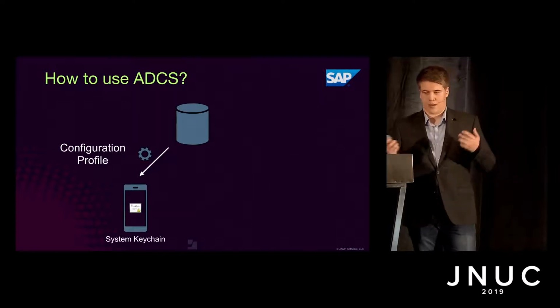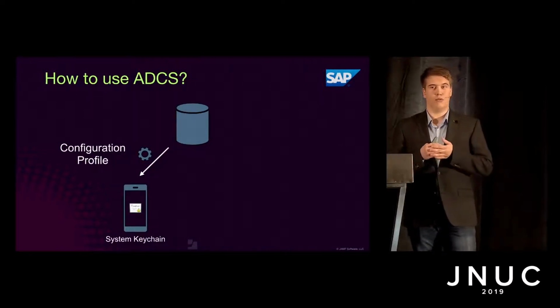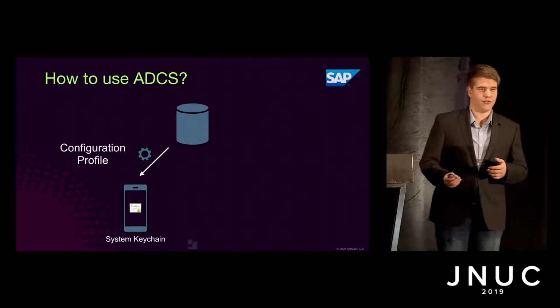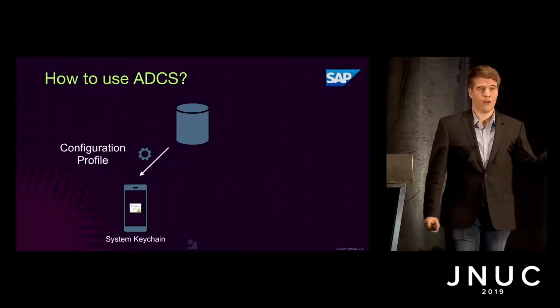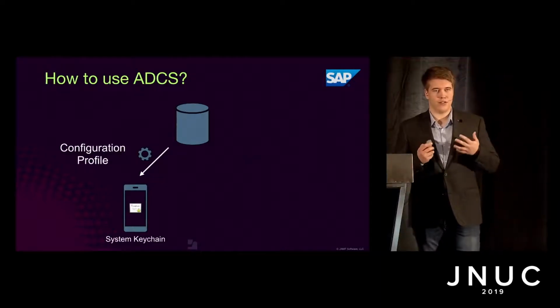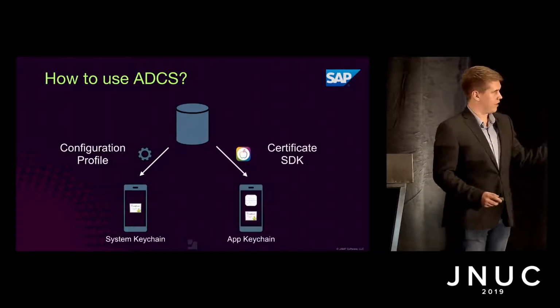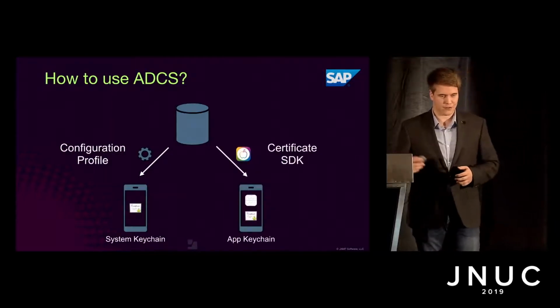But we also have, like I mentioned in the first few slides, a lot of in-house apps. And it would be really bad if the user had to enter a password every time he would open an app. So that's why we also wanted to have the certificate-based authentication in our apps. And that's where the certificate SDK from Jamf plays into.